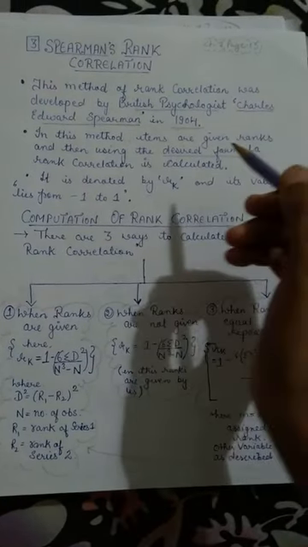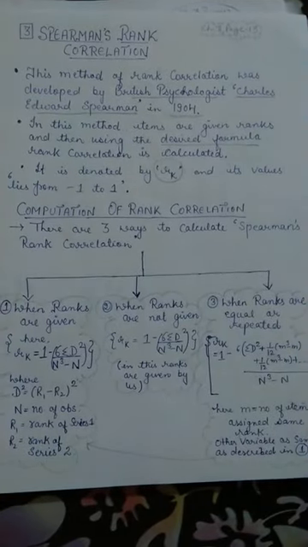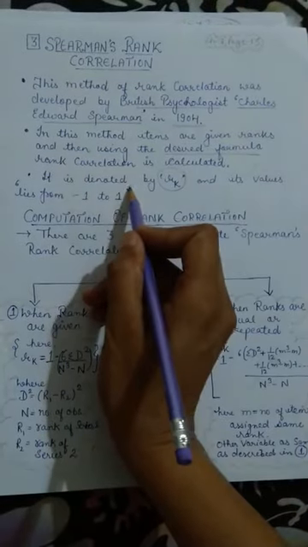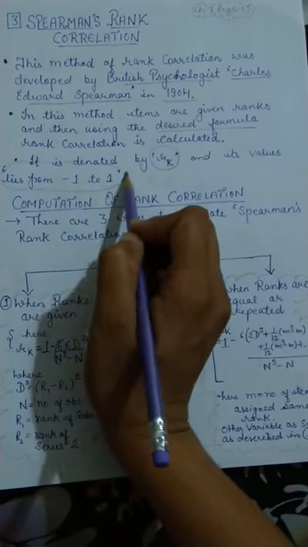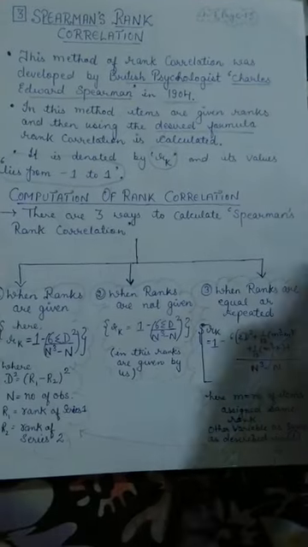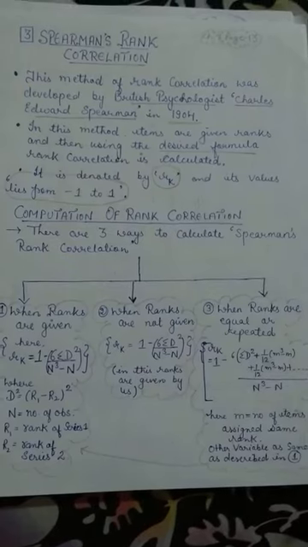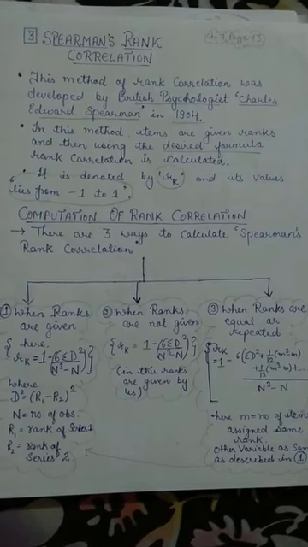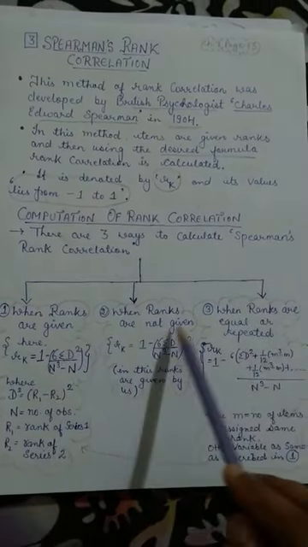This rank correlation is denoted by Rk, and its value lies from -1 to +1. That is, the rank correlation value cannot be smaller than -1 and cannot be greater than +1.